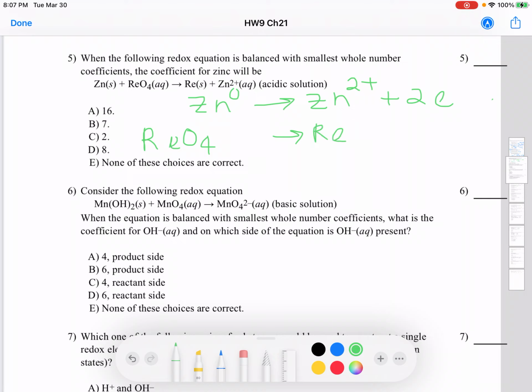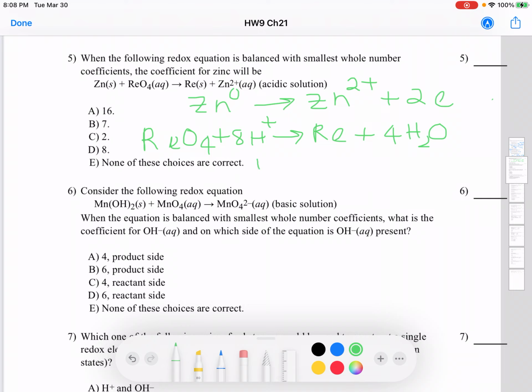The other one, ReO4, goes to Re, rhenium, I believe, right? So rhenium is balanced. There are 4 oxygens, so you put 4 water molecules this side. And then 2 times 4, 8H plus. You put 8H plus, right? And then let's count the number of electrons.